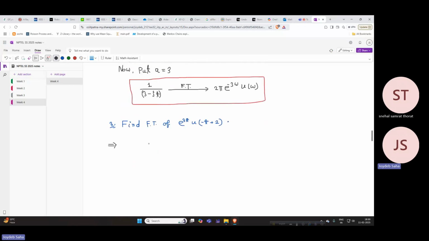We have solved in an earlier problem that e to the power minus at u(t), its Fourier transform will be 1 upon (a plus j omega).